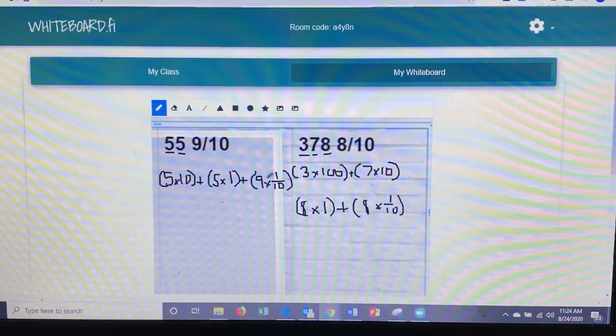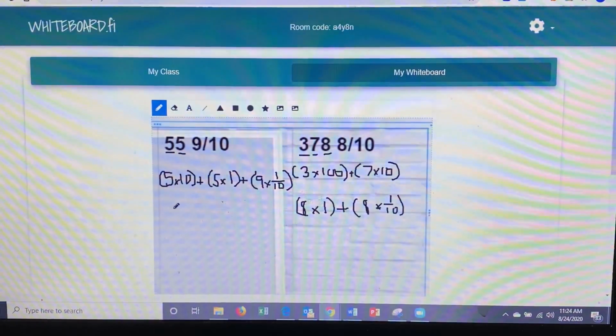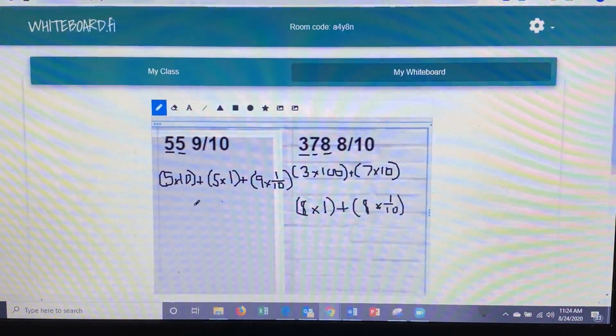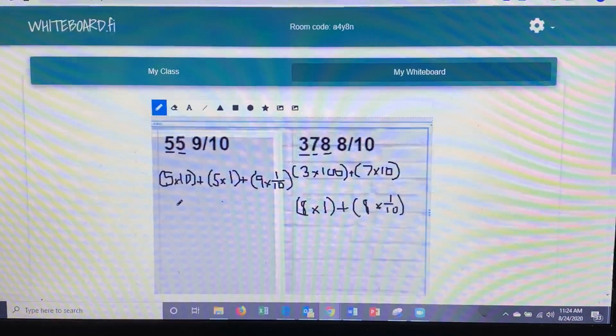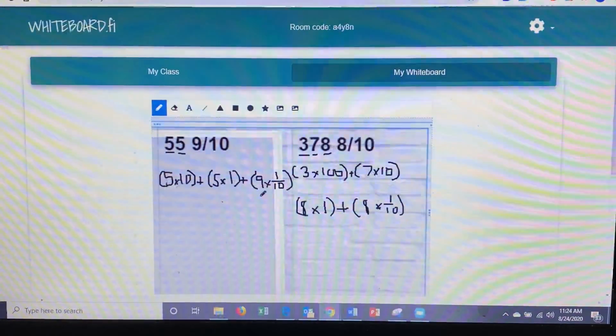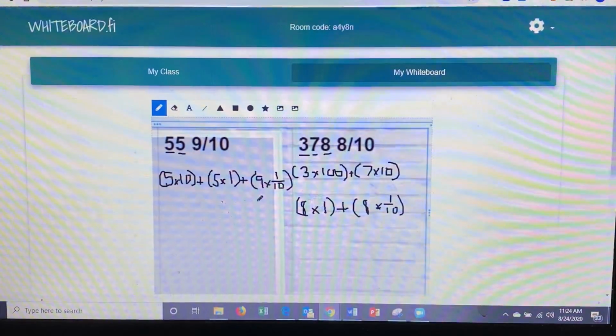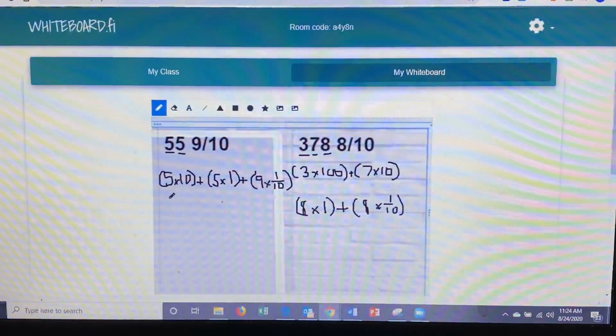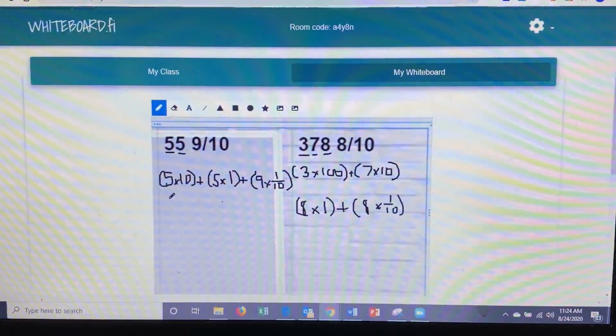So I'm going to go back to this 55 and 9/10. Now, all I'm going to do is rewrite the answer, and the last part I'm going to do is show that tenths as a decimal. So I'm going to put it back together, but I'm going to make sure it shows a decimal this time.